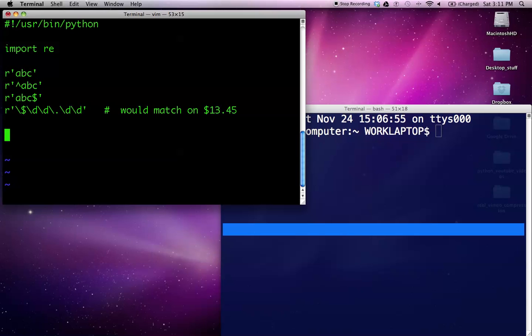This would be in the realm of validation again. If we asked somebody to type in a dollar amount, let's say without the $ sign, we'd want that dollar amount to match a pattern that we're familiar with. In other words, it should match all of the following: 13.45, 1.45, 113.45, or 99.